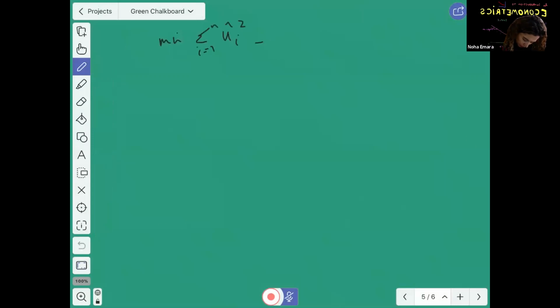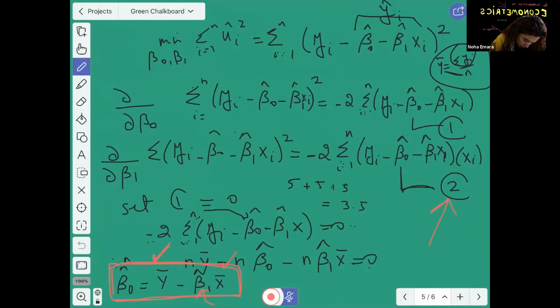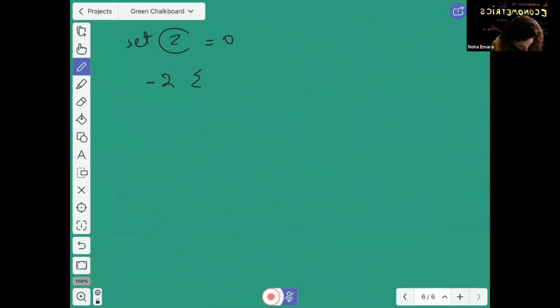So if you go back here, I need to take this equation right here and set it equal to 0. I'm going to repeat it just for convenience. It's going to be minus 2 the sum of yi minus beta naught minus beta 1 xi equal to 0. And then again, the negative with the 0 is gone, right? So I need to take the summation operator inside. So it's the sum of yi xi.